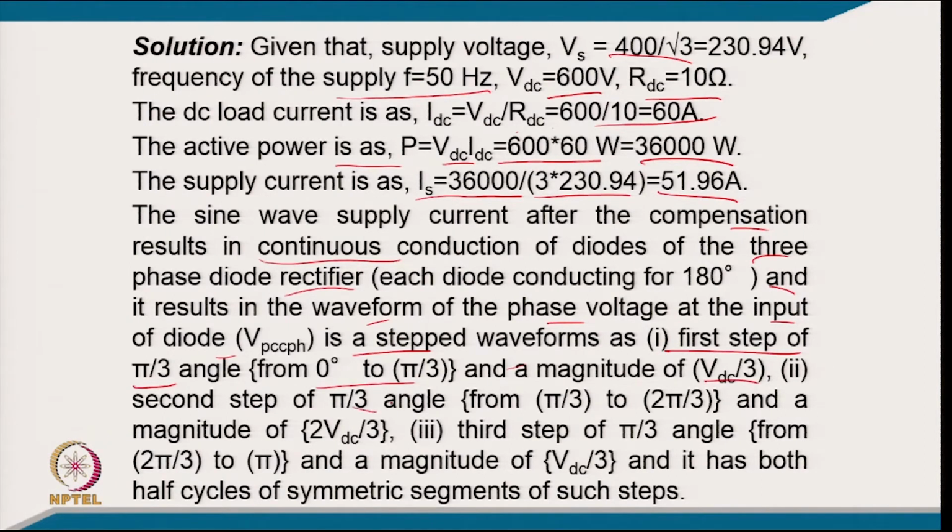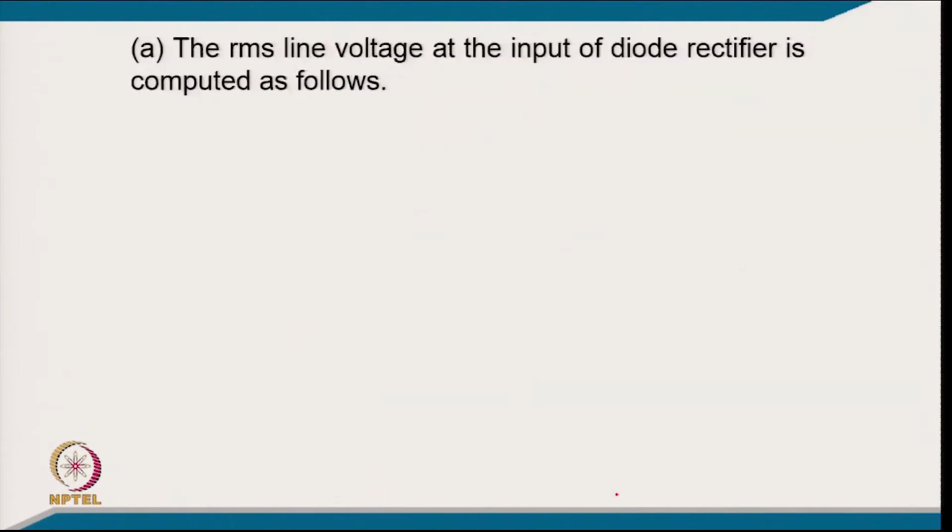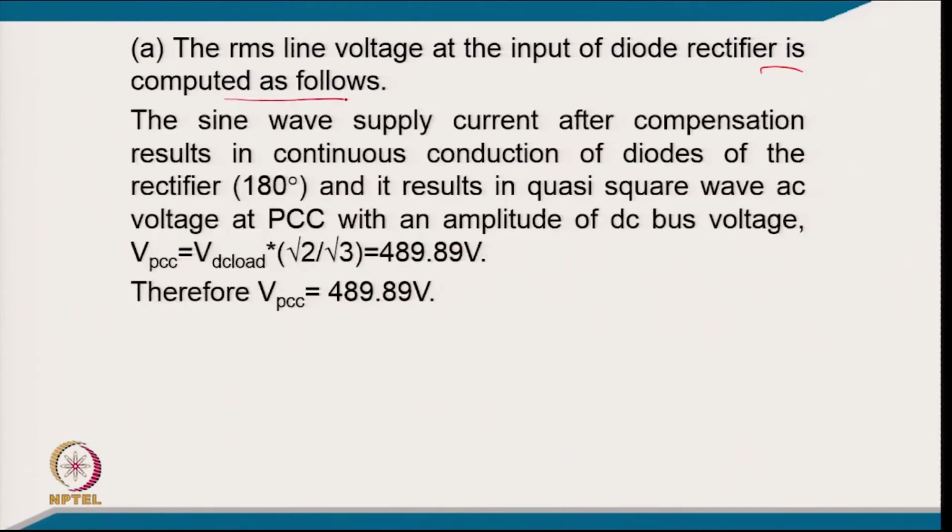The second step is of pi by 3 angle, from pi by 3 to 2 pi by 3, and a magnitude of 2 VDC by 3, and the third step is again of pi by 3 angle, from 2 pi by 3 to pi, and a magnitude of VDC by 3, and it has both half cycles as symmetric segments of such steps. The RMS line voltage at the input of the diode rectifier is computed as follows.